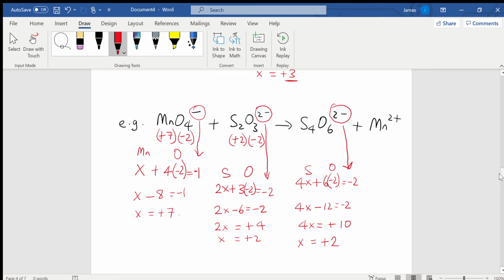Let me grab my calculator real quick. So 10 divided by 4. Yeah, so let me be careful here. So out the gate, it looks like you would have plus 2.5, which is wrong. Okay, so you can't write a fraction of an oxidation state.